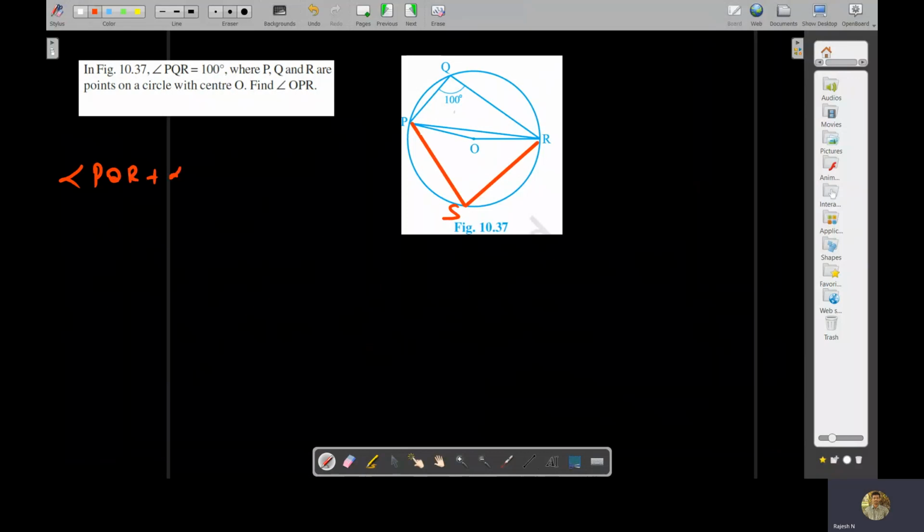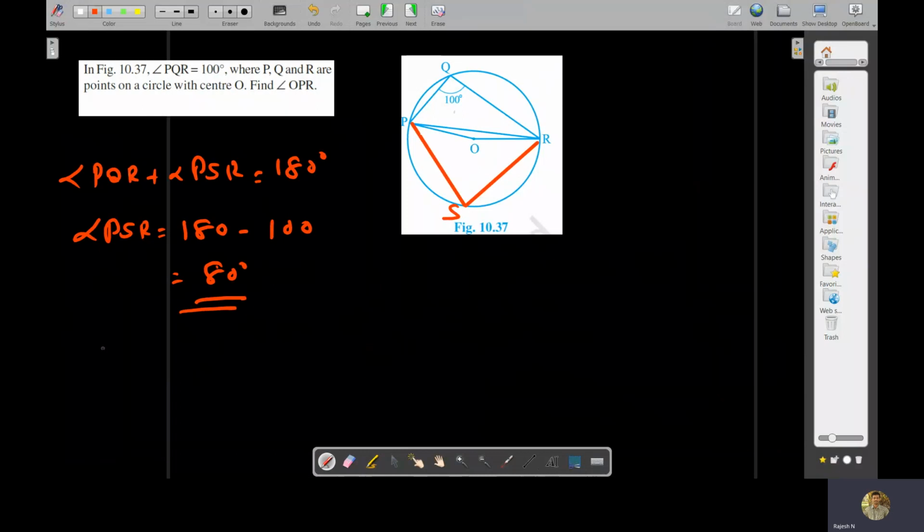Angle PQR plus angle PSR is equal to what? 180 degree. What is the reason? Angles are supplementary. So angle PSR is equal to what? 180 minus 100. So what is it? 80 degree. Angle PSR is equal to 80 degree.